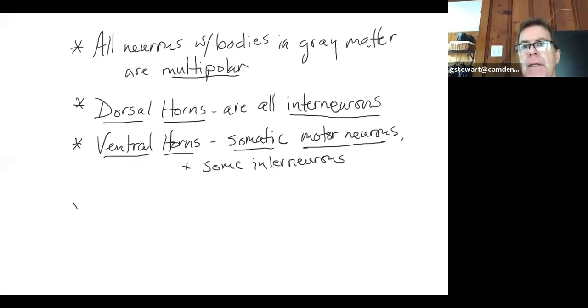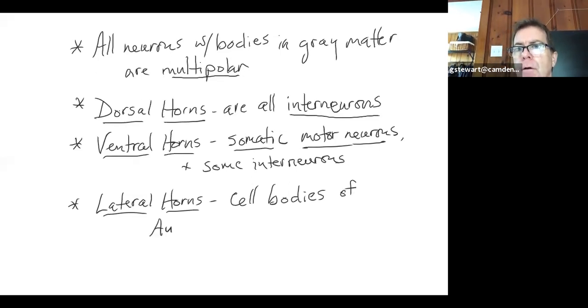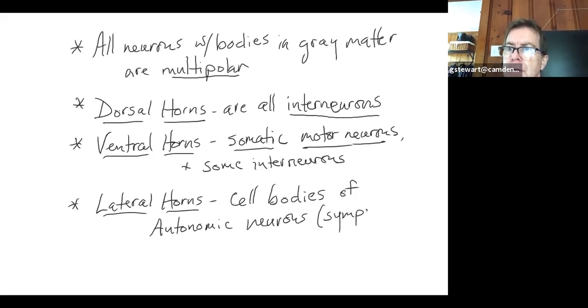Finally, in the lateral horns, which I'm not sure I labeled, I will when I go back, we have a collection of cell bodies of autonomic neurons, particularly sympathetic neurons.